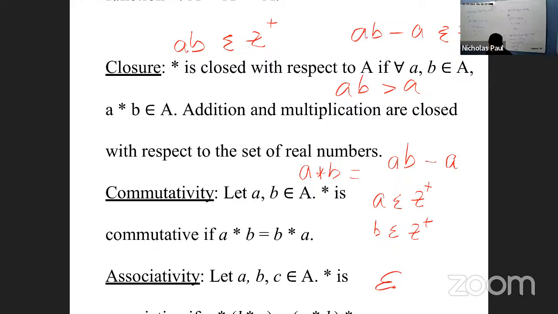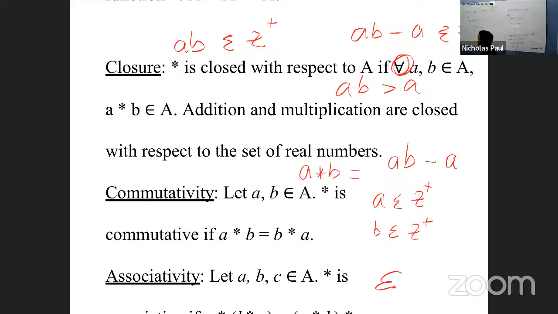Oh, here, right. It's for all A and B, the elements of it.